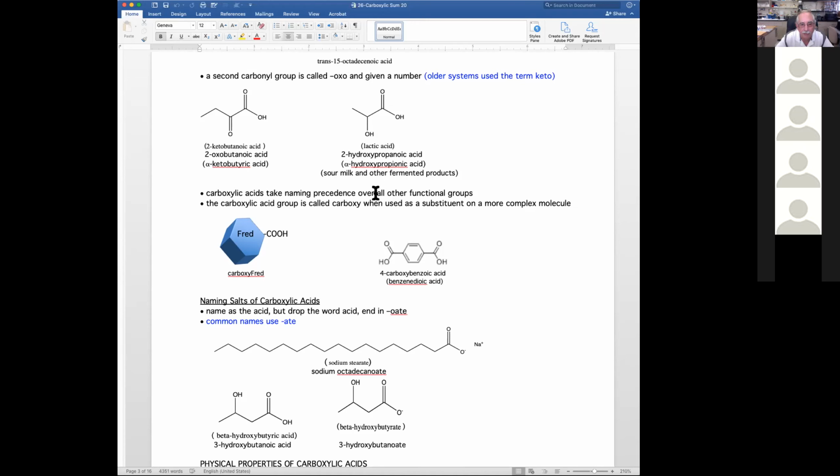So carboxylic acids are really the kings of functional groups, and the carboxylic acid group is called carboxy when it's used as a substituent. So this is carboxy. Again, if we're going to name this as benzoic acid, this would be called a carboxy group.